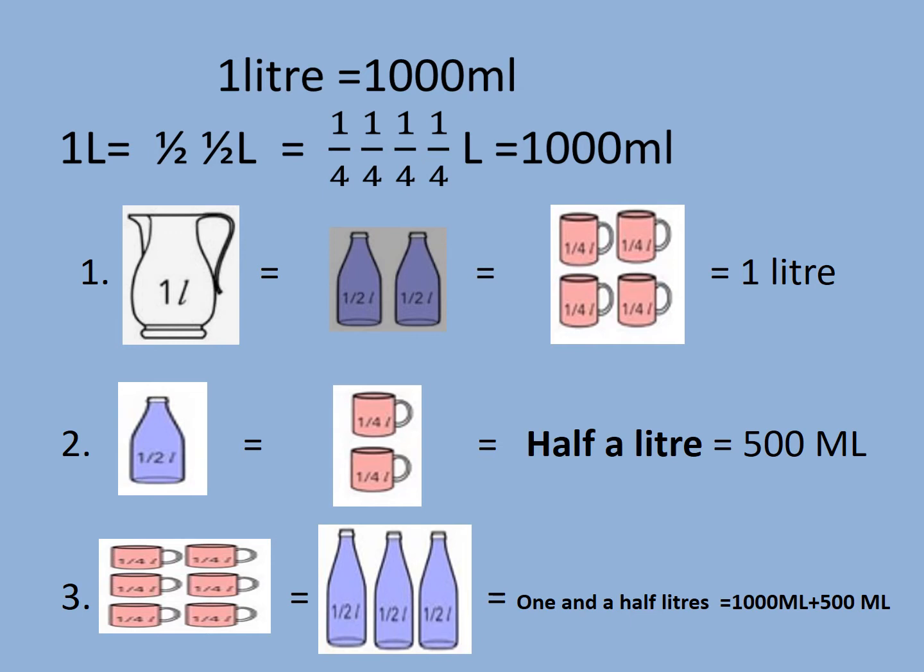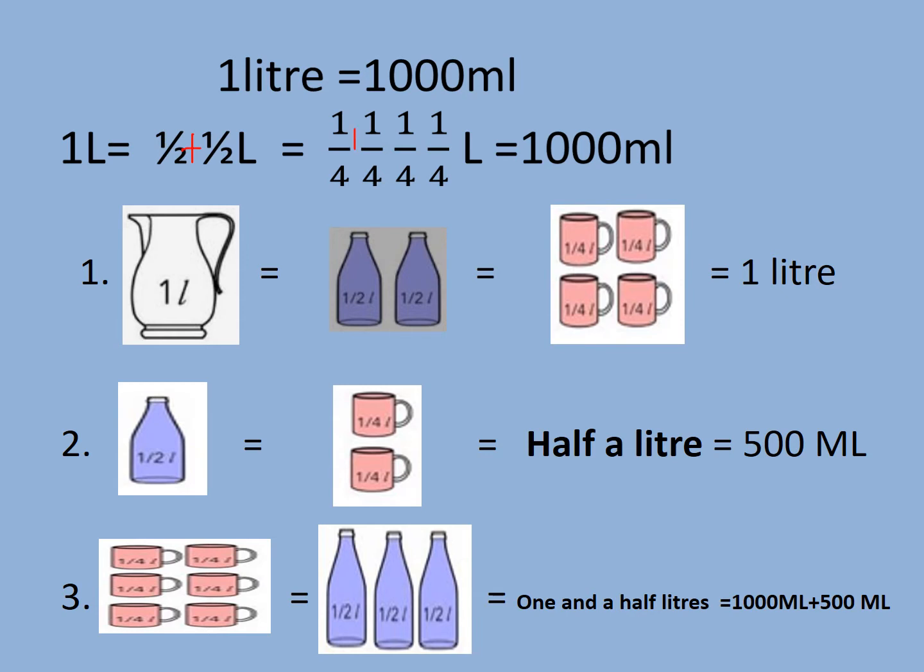Okay, we already know that 1000 milliliters make how many liter? 1 liter. So if we have to make 1 liter, what do we need to do? We can add half liter plus half liter, which will give us 1 liter.